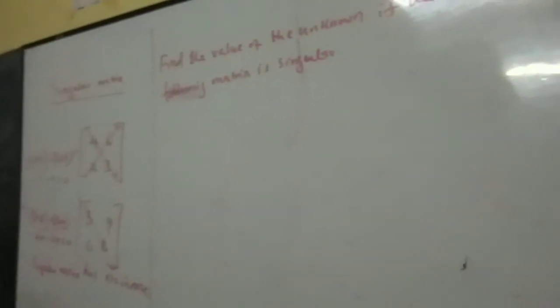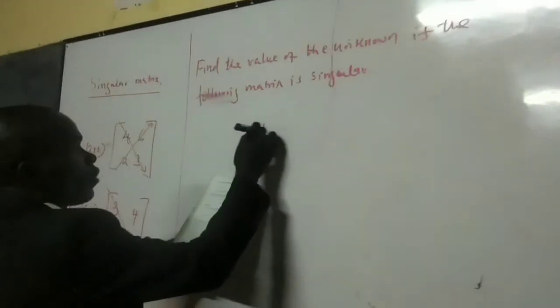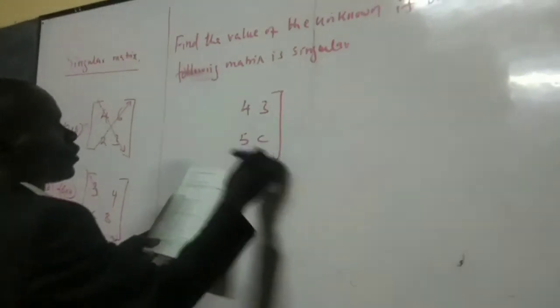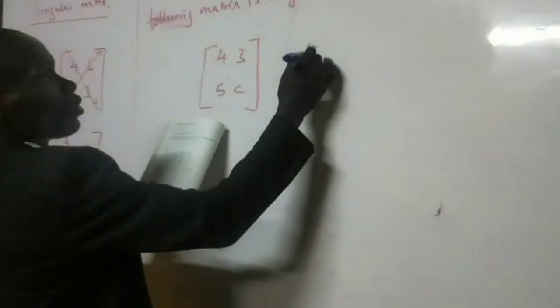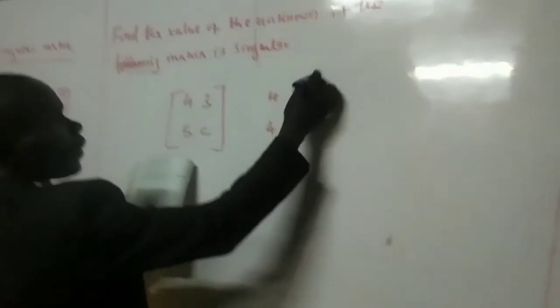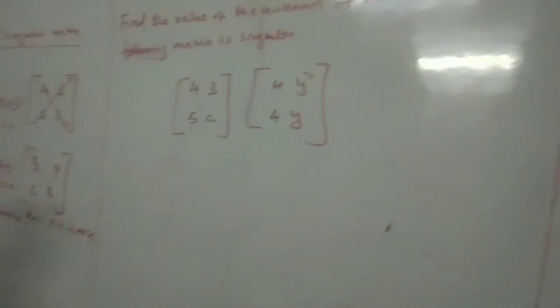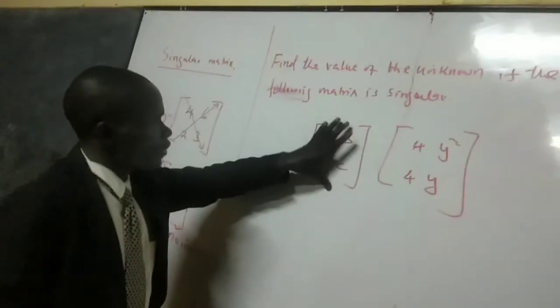For example, we have the matrix 4, 3, 5, C, which is singular, and the other one is 4 y squared 4 y. So we are given such matrices to find the value of the unknown. The unknown here is C. So you're told that this is a singular matrix.